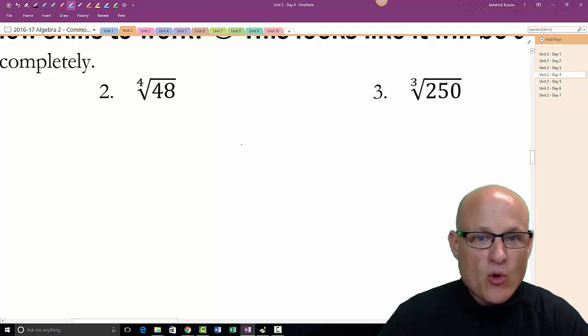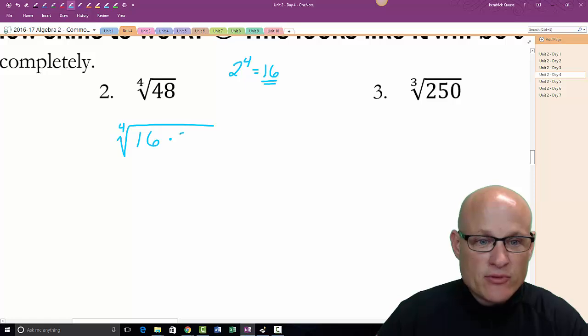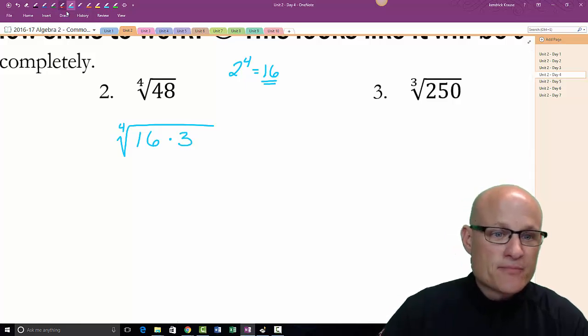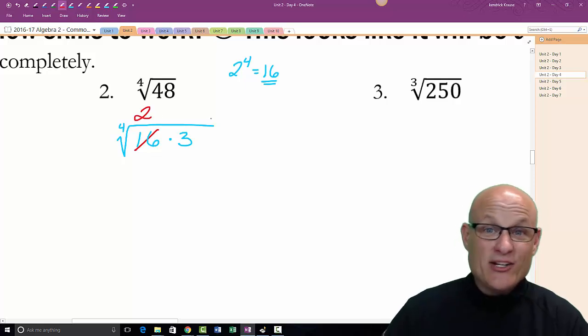Now we're looking for a fourth root. If you forgot, 2 to the fourth is equal to 16. So we're going to rewrite this as the fourth root of 16 times 3. And again, the fourth root of 16 is 2. Careful.